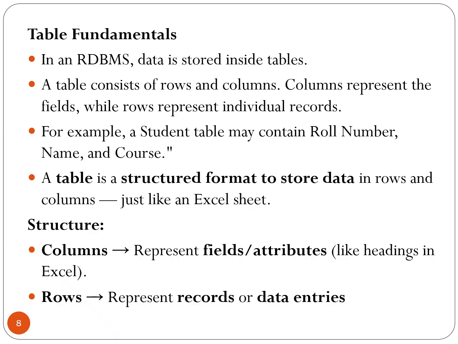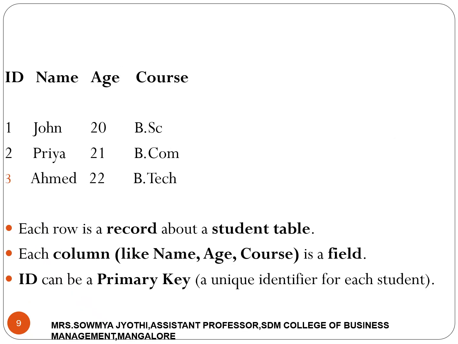Next topic regarding the table fundamentals. In an RDBMS, data is stored inside the table, where a table consists of rows and columns. Rows represent individual records, columns represent fields. A table is a structured format to store the data in rows and column format. For example, a student table may contain columns or fields such as roll number, name and course.